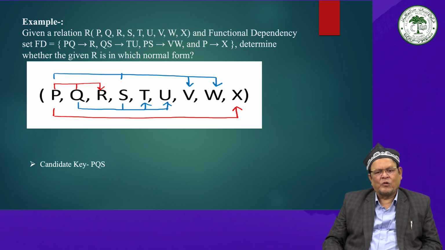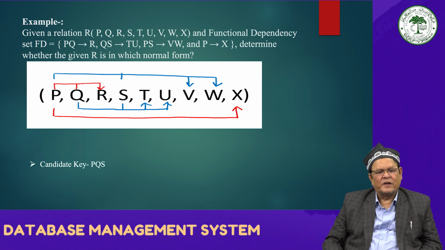From the closure method we find that since the closure of PQS contains all the attributes of R, hence PQS is a candidate key.